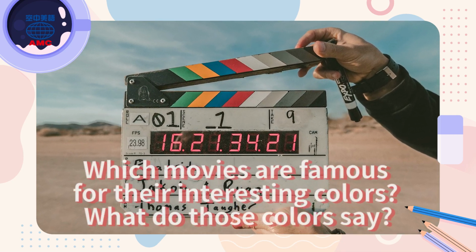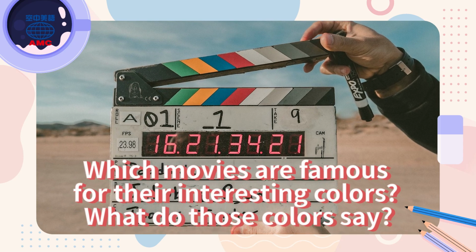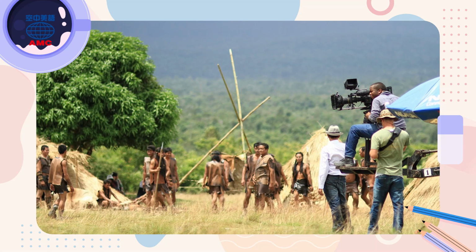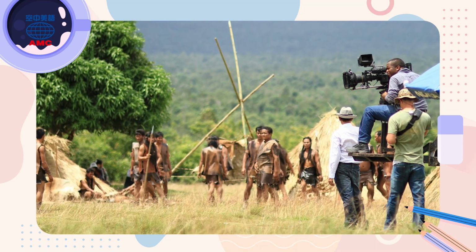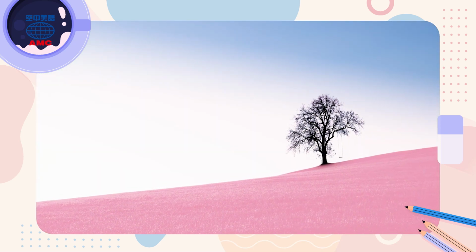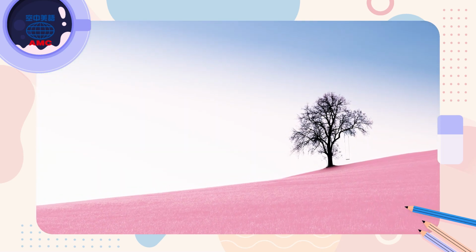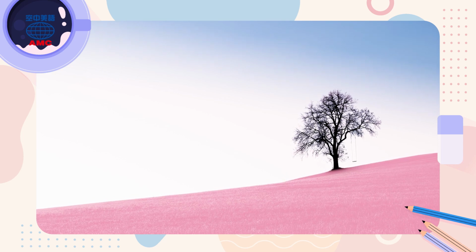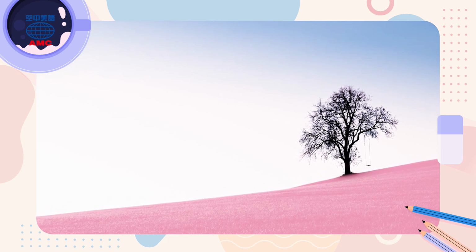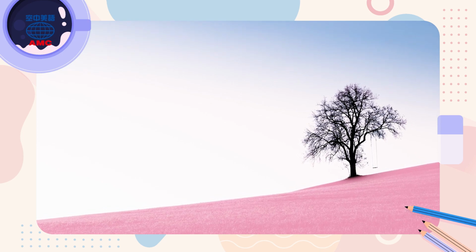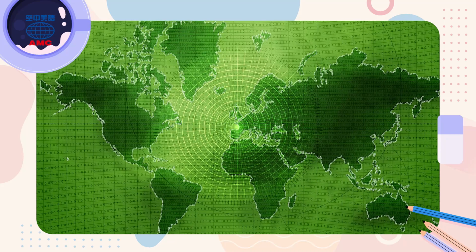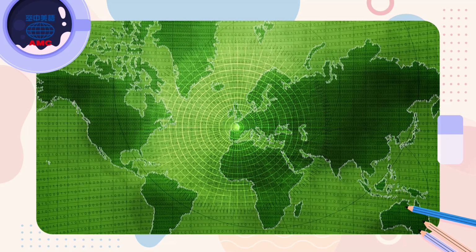Setting the mood in films with color. Warm-up question. Which movies are famous for their interesting colors? What do those colors say? We can look at some famous movies to see how color makes them better. Wes Anderson's films, like The Grand Budapest Hotel, use a palette of bright colors. Pink, sky blue, yellow, and purple show us creative and strange stories. Another great movie, The Matrix, uses green for its computer world.